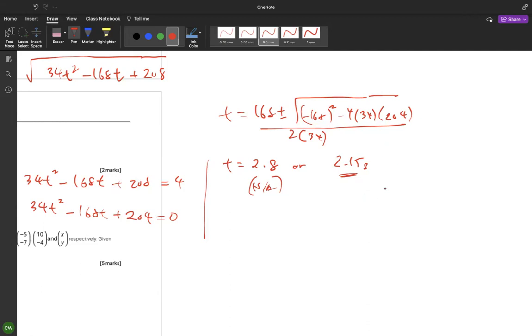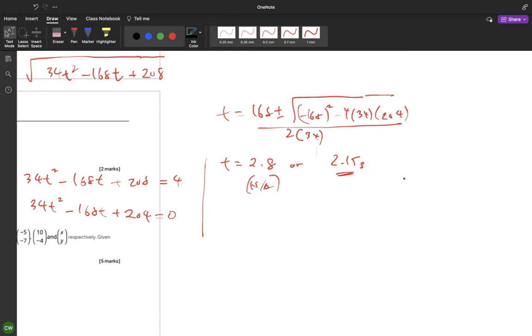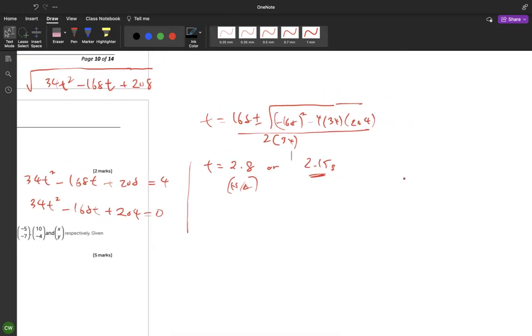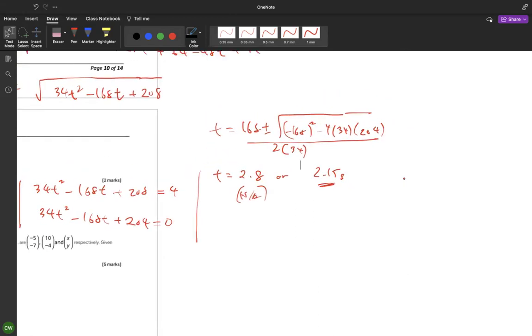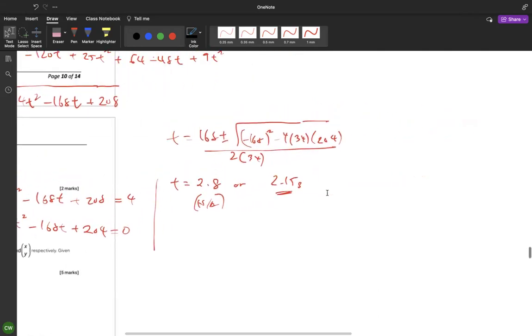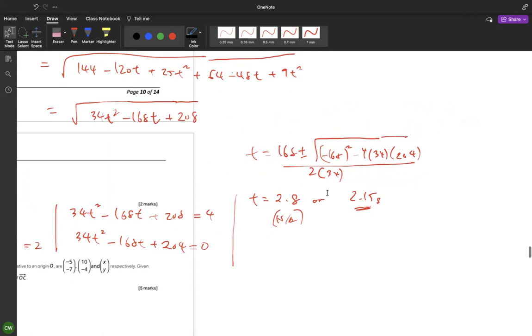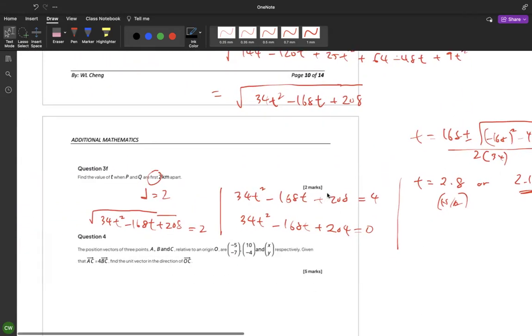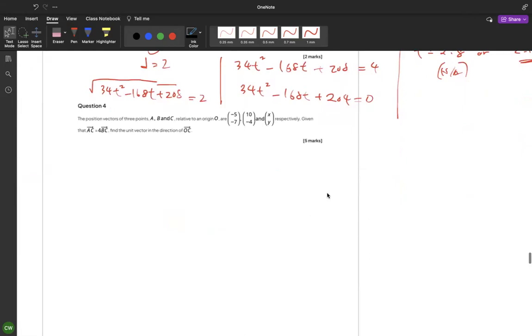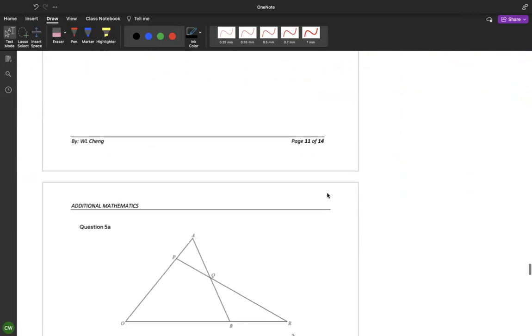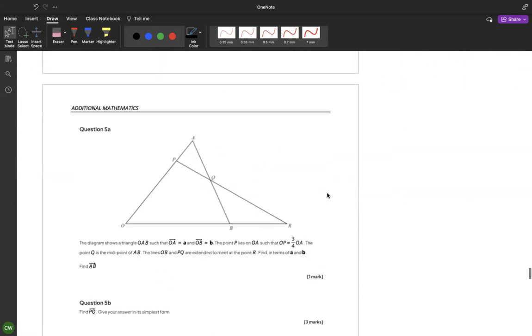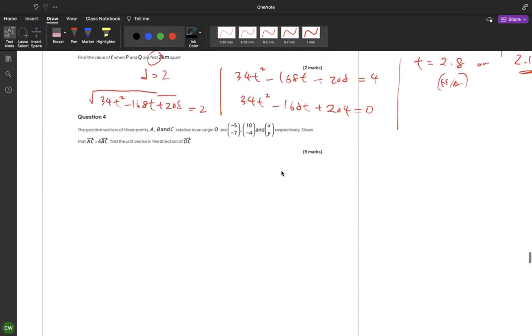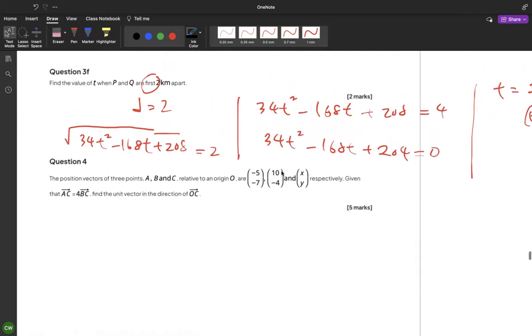This is the first part. Okay, this one no problem. Okay, try the next question, 5 marks. Do it here.